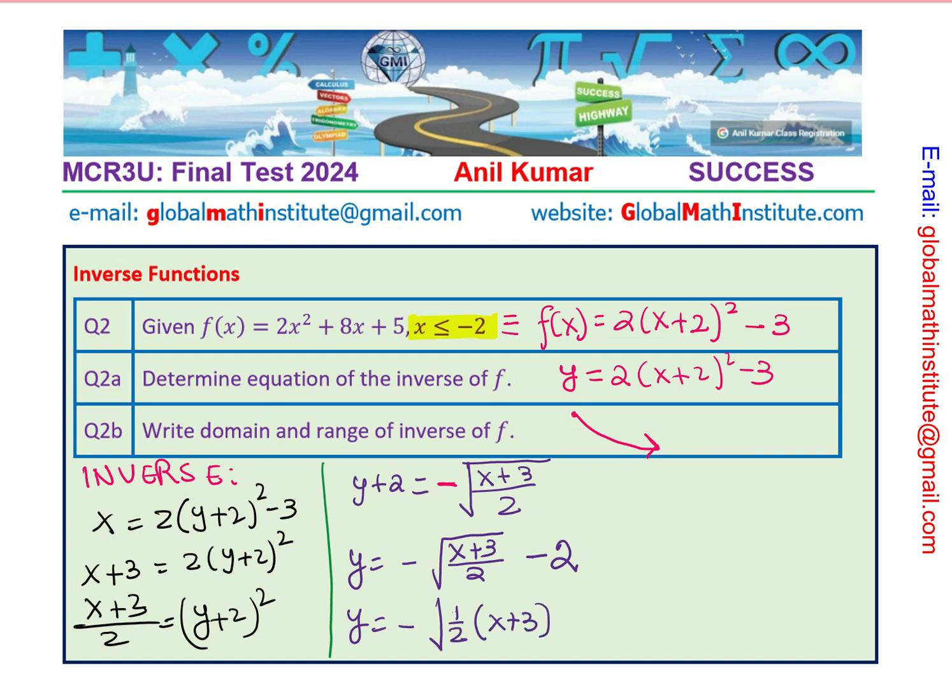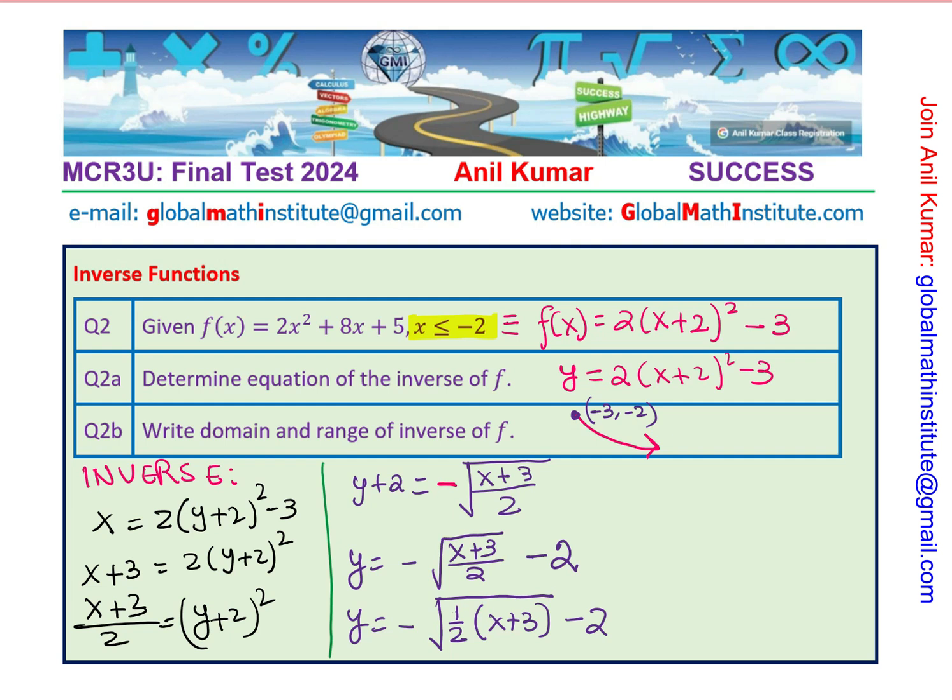Is that clear to you? Now that becomes more familiar. Perfect. So now we can say that this graph will be with the vertex here at (minus 3, minus 2) and going downwards as shown here.